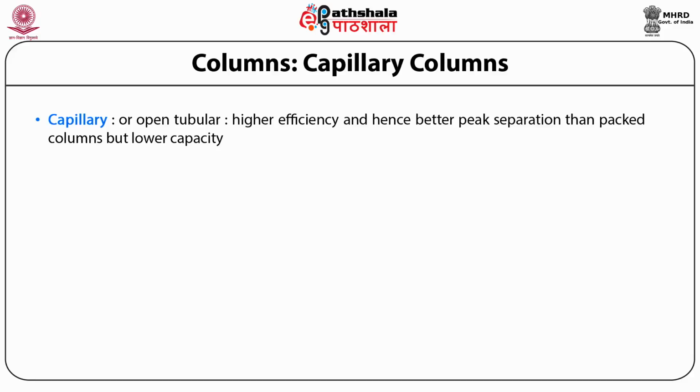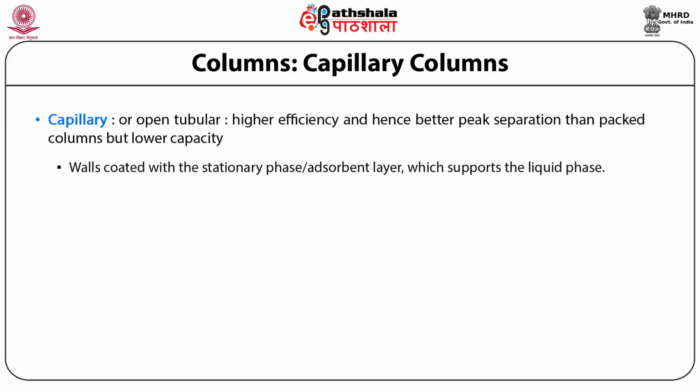So typically a packed column can take volumes from between 1/10 of a microliter up to 20 microliters. However, capillary columns typically only take up a few microliters or even much smaller volumes than that. In a capillary column, the walls are coated with the stationary phase or the adsorbent layer, which supports the liquid phase. So the liquid doesn't really look like a liquid.